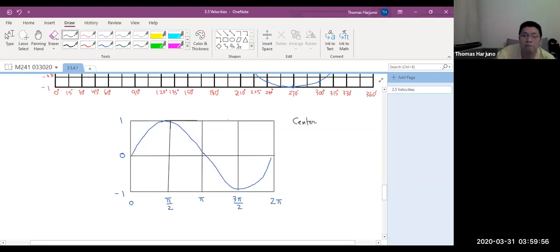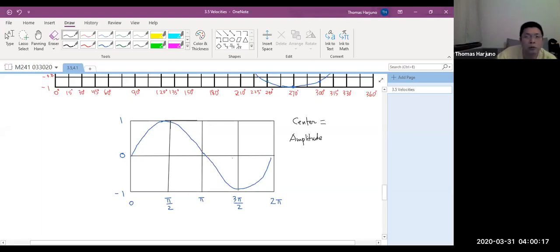I'm sorry, what's the amplitude? Once you know the center, what's the center here?